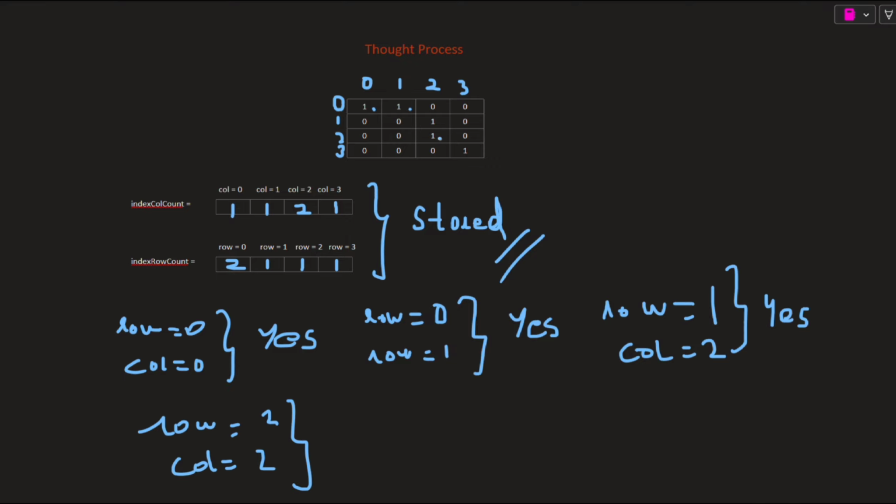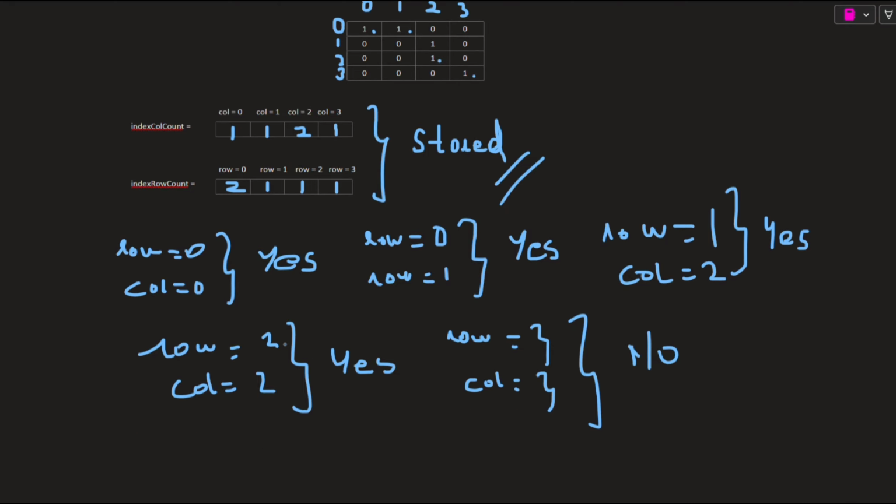Now we check 2,2: row 2 contains only one server, so let's check the column. Column 2 contains two servers, so it can communicate. It is yes. Now row 3, column 3. Row 3 contains one server. Let's check the column. It also contains one server, so it can't communicate. It will be no.